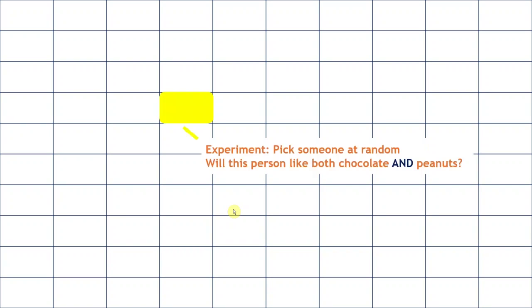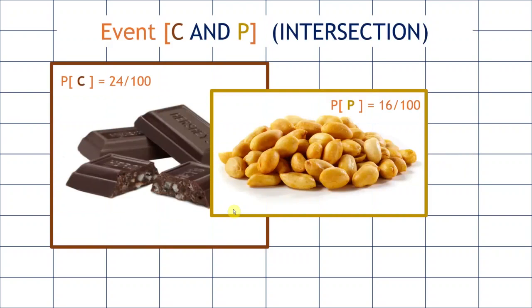All right, so that is not or complement. And now we're going to move on to our next experiment, which is picking someone at random, and we want to see if this person will like both chocolate and peanuts. So this is what we call the AND operator. It's also called intersection.